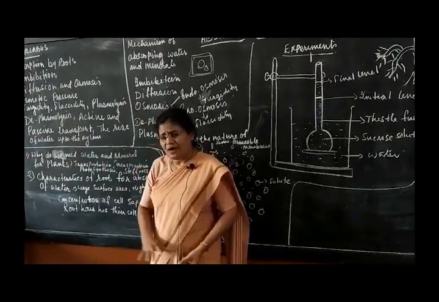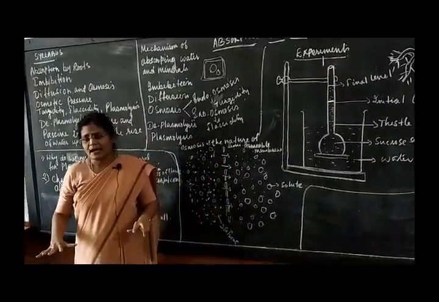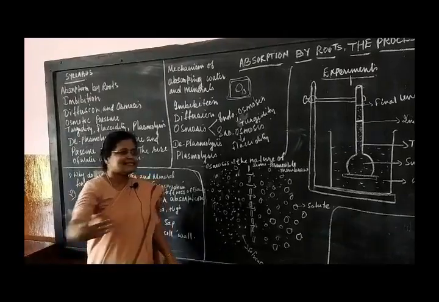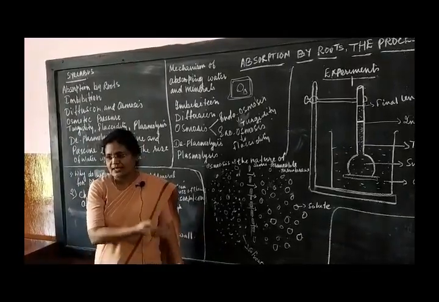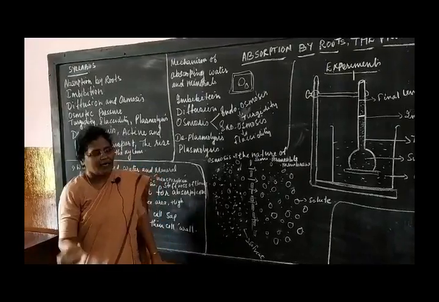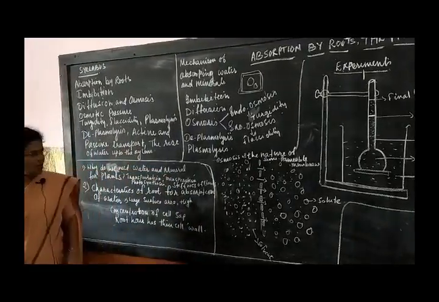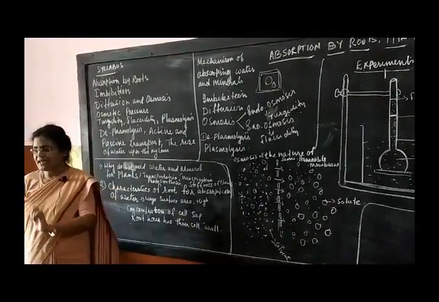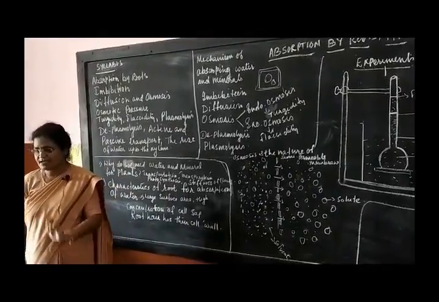Because of that, whatever water is surrounding the root hair in the soil easily permeates into the root hair, and thus it goes into the epidermis, cortex, etc. So these are the three reasons why the root is efficient in absorbing water and mineral.